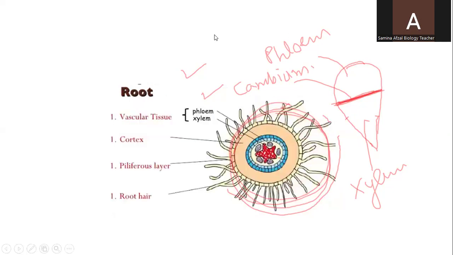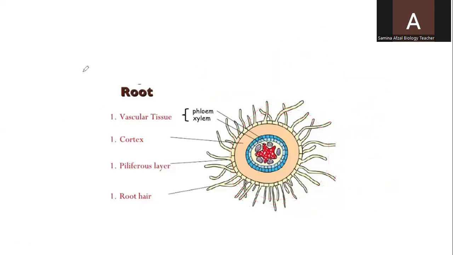Now, location of vascular bundles in the root. You can see a very beautiful star-shaped xylem is present in the center. Xylem is in the center, and between the two limbs of this star, phloem is there.